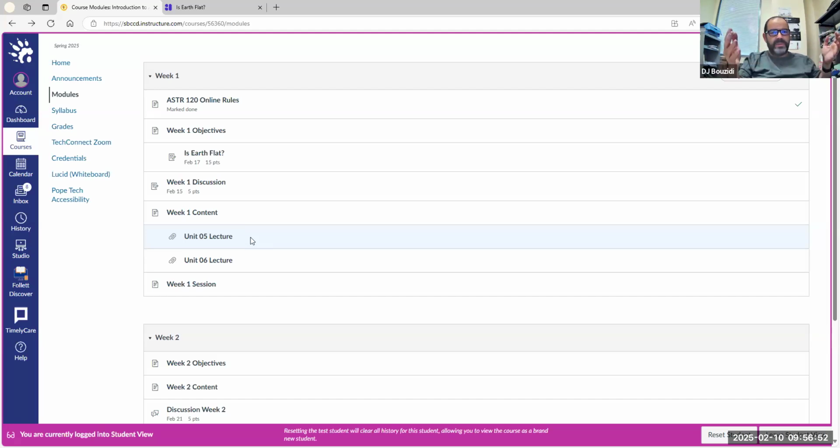Ideally, you should spend an hour and a half and an hour and a half, at least those 3 hours going through the materials, reading those 2 units in this case.